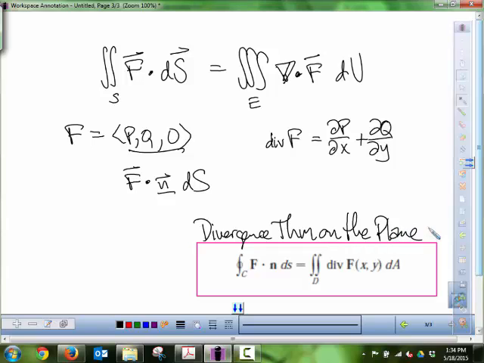On the plane in the sense that it is two-dimensional, and we are looking at this as Gauss's theorem, but brought down to 2 dimensions.